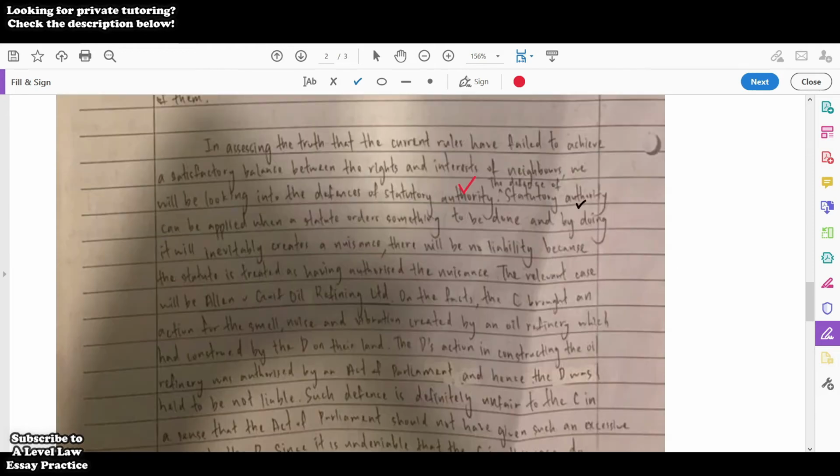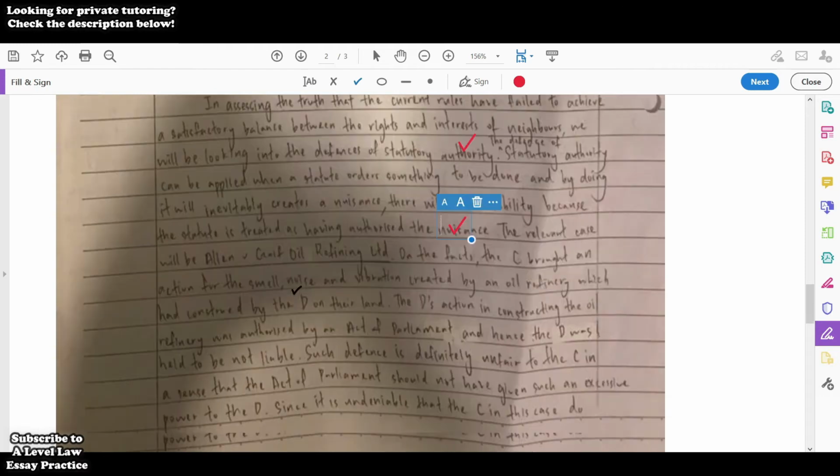The defense of statutory authority can be applied when a statute orders something to be done, and by doing it will inevitably create a nuisance. There will be no liability because the statute is treated as having authorized the nuisance. The relevant case is Allen versus Gulf Oil Refining Limited. Good that now you're actually referring to it.